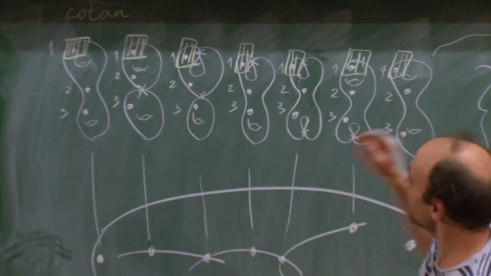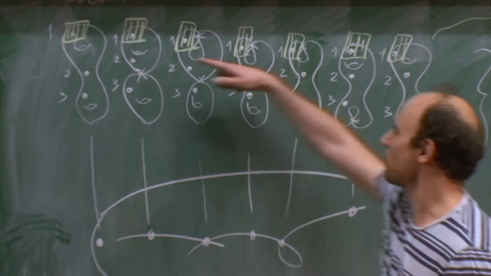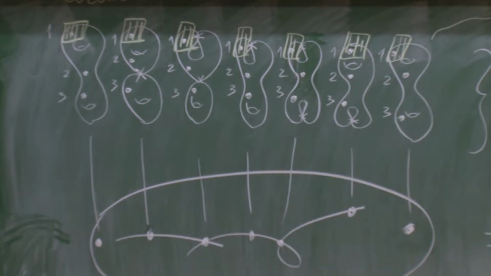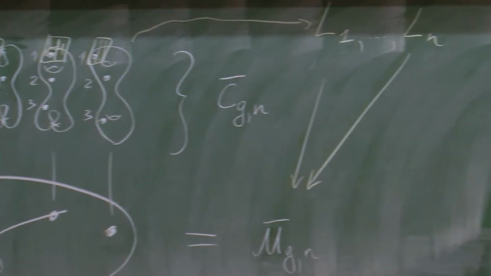Now you have a complex line over each point of the moduli space. Altogether, they form a line bundle that is called L1, because I took the first marked point. Similarly, you can define L2 and so on up to Ln. So you have n line bundles, and their first Chern classes are called the psi classes. So psi i is the first Chern class of Li, and it's in the degree two cohomology of M_{g,n} bar.